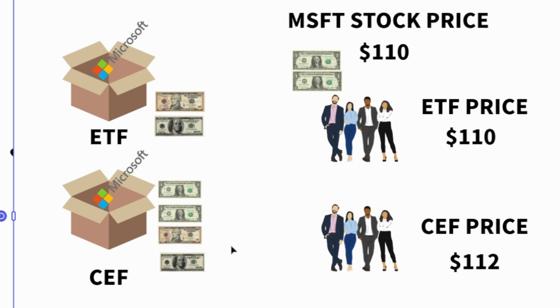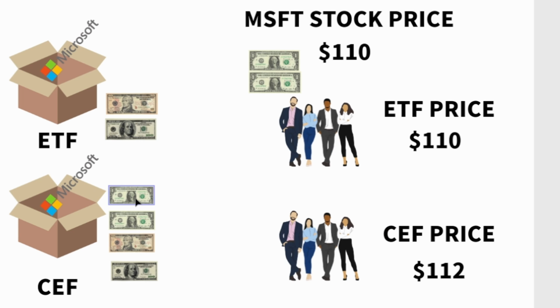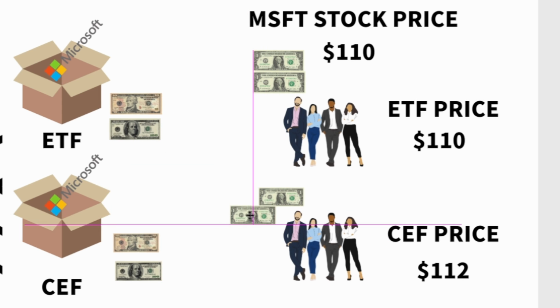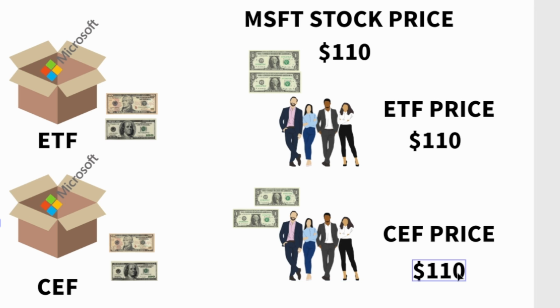Now let's look at the CEF. So same thing with the CEF. Microsoft pays out that $2. They take the $2 and give it to their CEF holders, right? And therefore, the CEF price should drop to 110 if there's no discount or premium on the CEF price, but there could be, but let's just say there isn't, right? So right now they got $110 and $2, same as these guys.